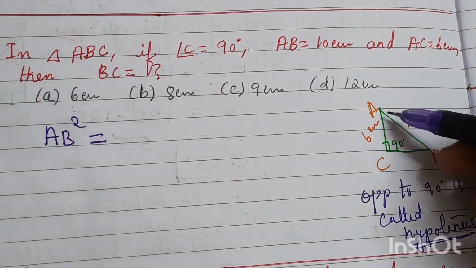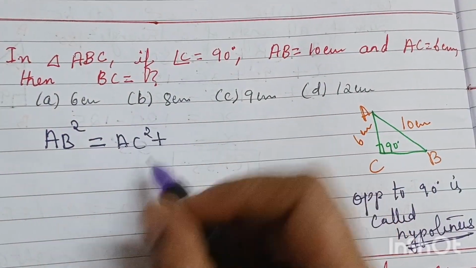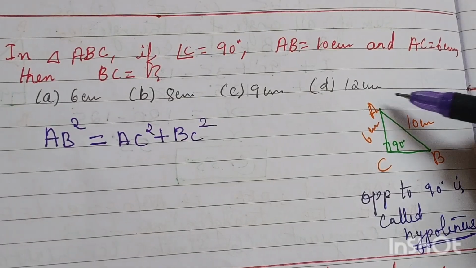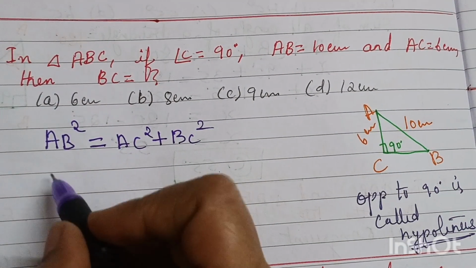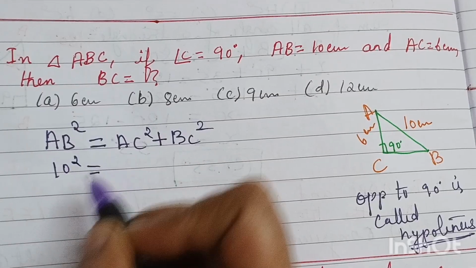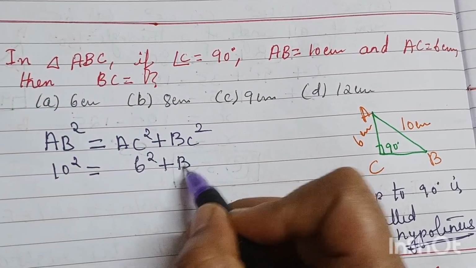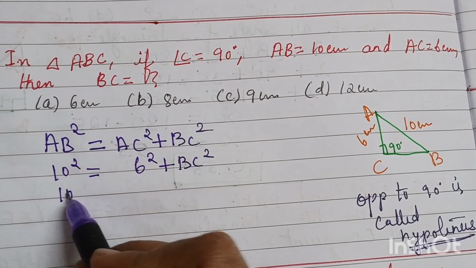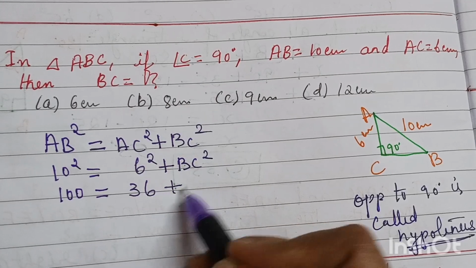Then the squares of the other two sides, AC square plus BC square. AB square is equal to AC square plus CB square. AB square is 10 square, equal to AC, 6 square, plus BC, which we have to find. 10 square is 100, equal to 6 square, 36, plus BC square.